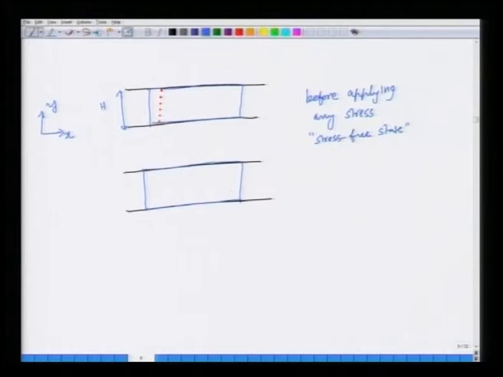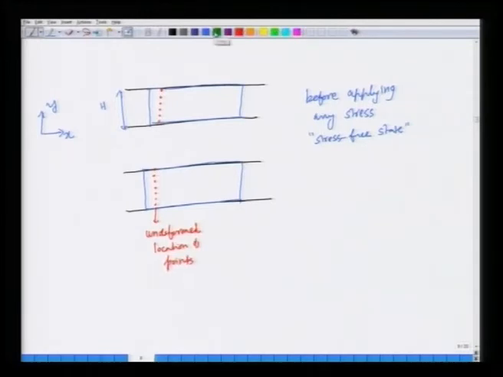So, this is the location of the points in the undeformed state, or the stress free state, the undeformed location of points.